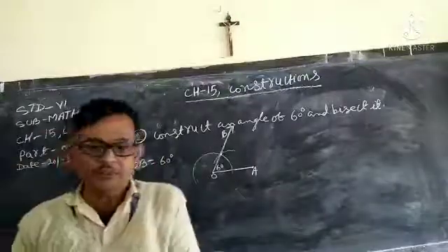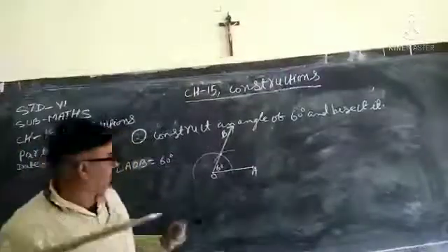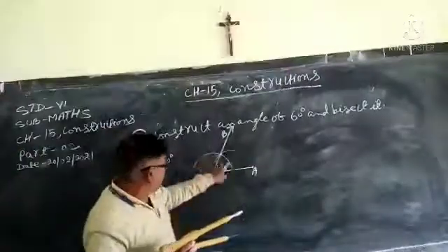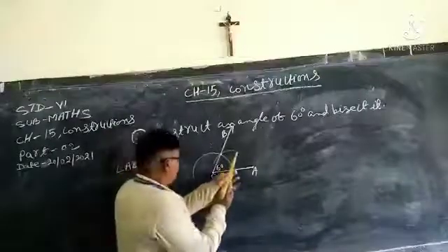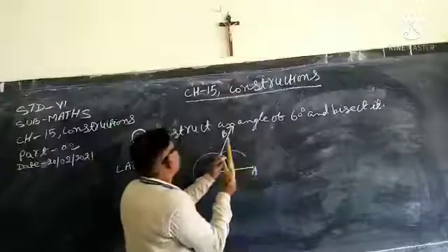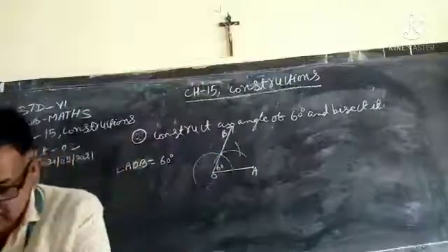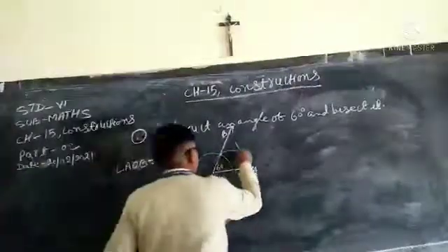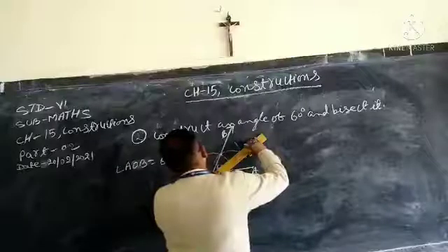Now how can you bisect? See this one, my dear students, they are touching. From there you take one arc and again you take one arc. So this is the point; here you make this line.